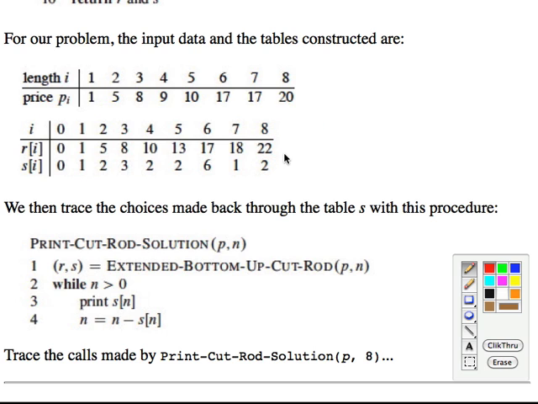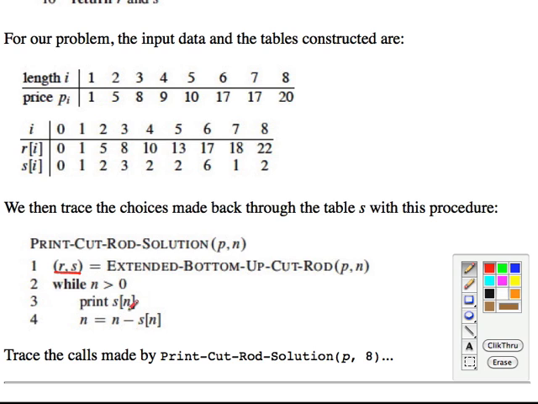So we need a way to print the solution out. So this is print cut rod solution, which does the whole thing. Given a table of prices and the length of the rod, it will call the extended cut rod procedure that fills the tables or returns them, and then it goes into the table to print the entry for your size n.